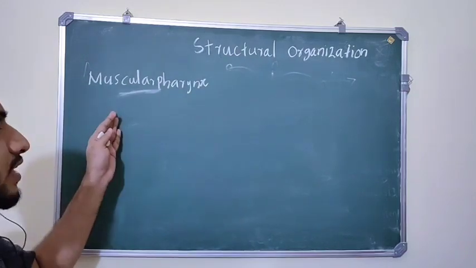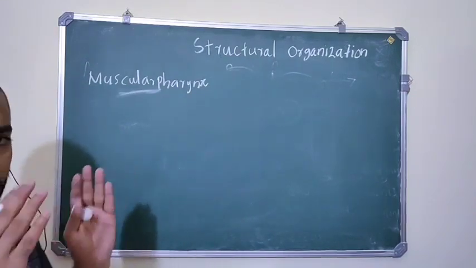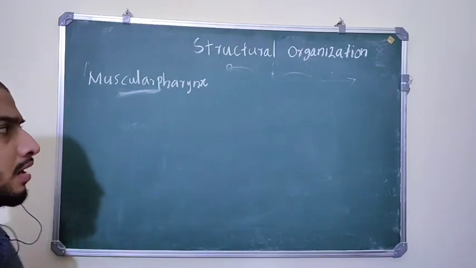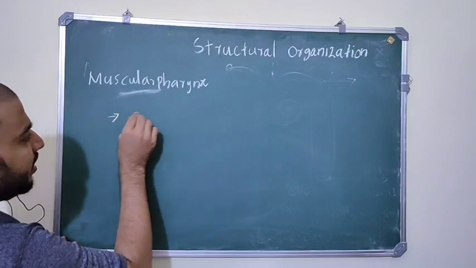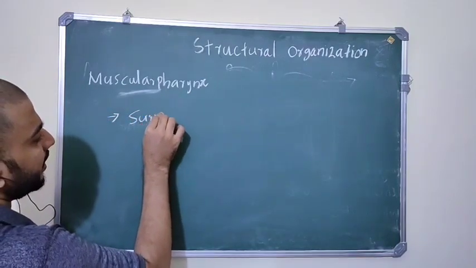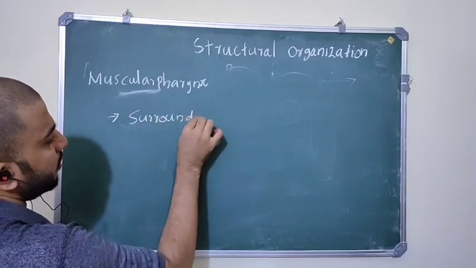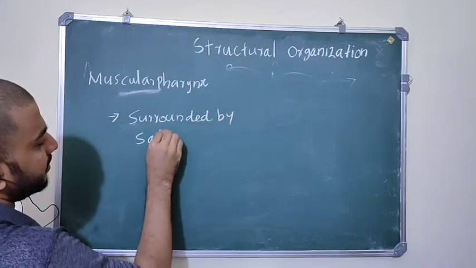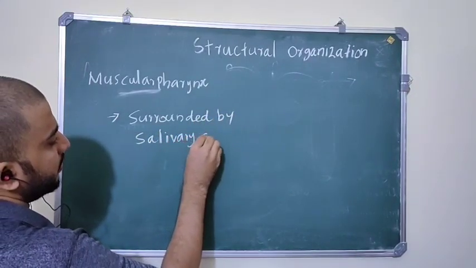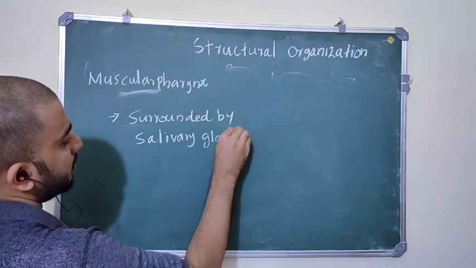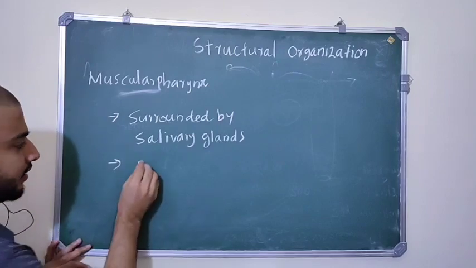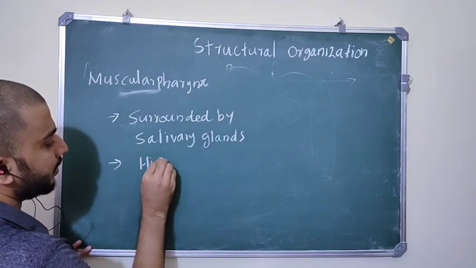Next we are going to discuss the muscular pharynx. First the mouth, then the buccal cavity, then it leads to the muscular pharynx. This muscular pharynx is surrounded by salivary glands, and the secretions of the salivary glands contain hirudin.